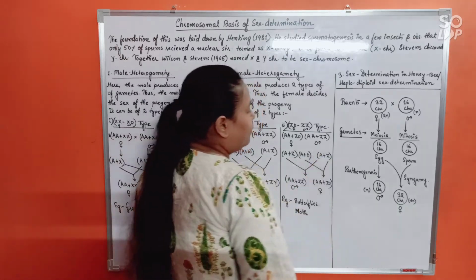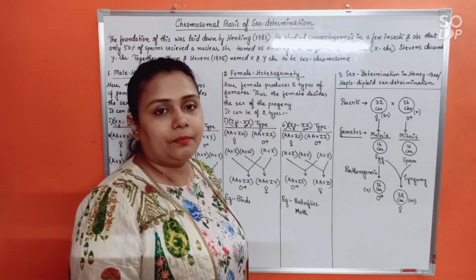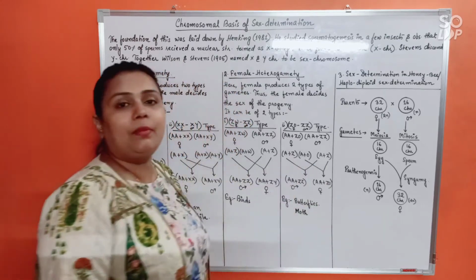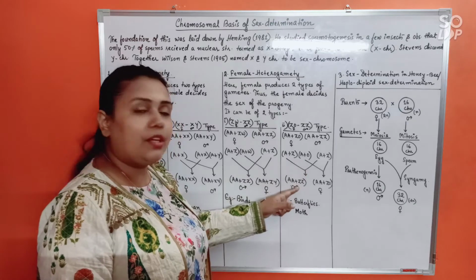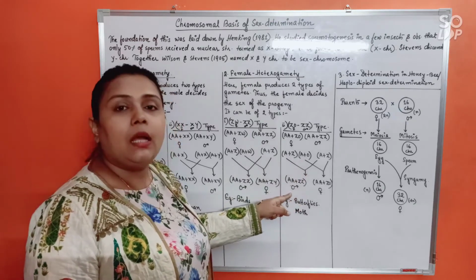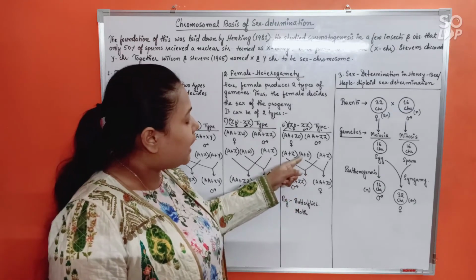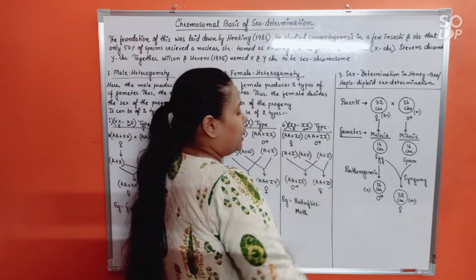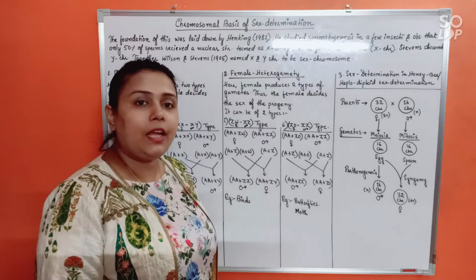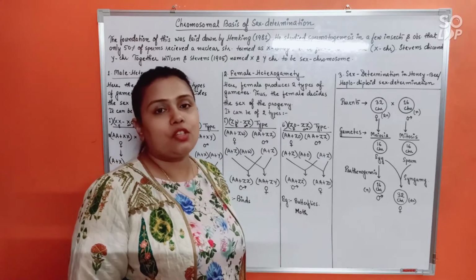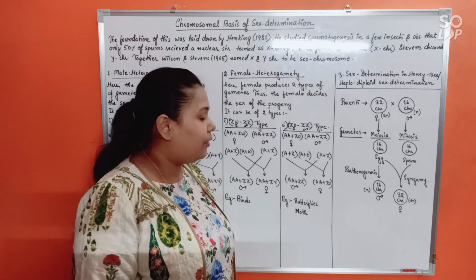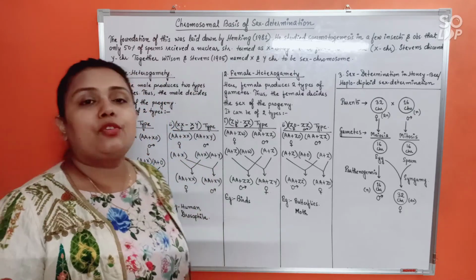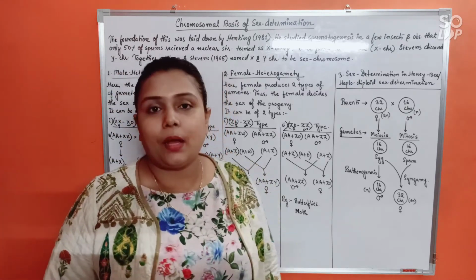Whereas for the male, it will be A plus Z. Alright. So if A plus Z fuses with another A plus Z, the resultant progeny will be a male. And in case A plus O fuses with A plus Z, the resultant progeny will be a female. Alright. Such a type of sex determination occurs in the butterflies and in the moths. So that's all regarding male and female heterogamity. I hope all of you are clear about it.